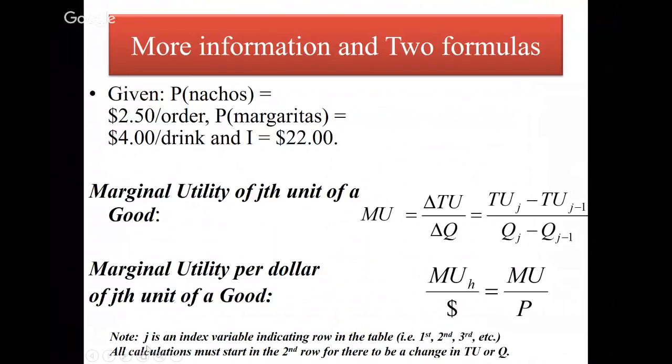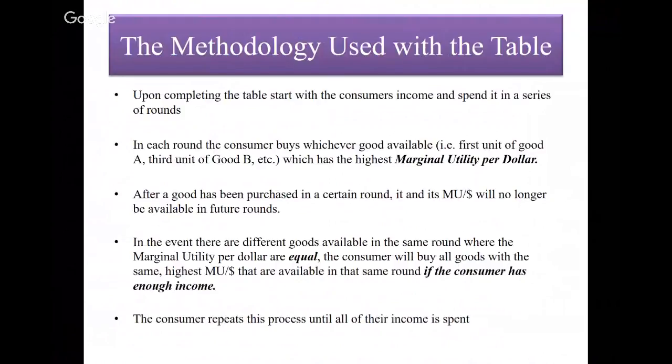Be advised, once again, the letter J is called an index variable, which indicates row in the table, first, second, third, etc. And calculations have to start in the second row because the first row is 0, and you have to at least go from 0 to a positive number of an item in order to have a change in total utility or quantity.